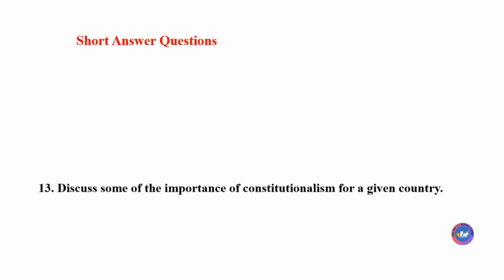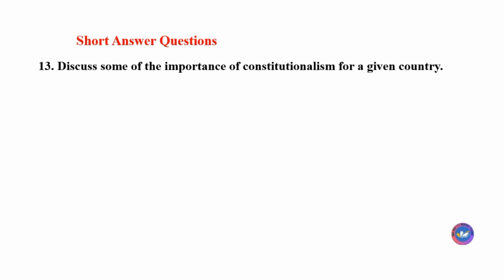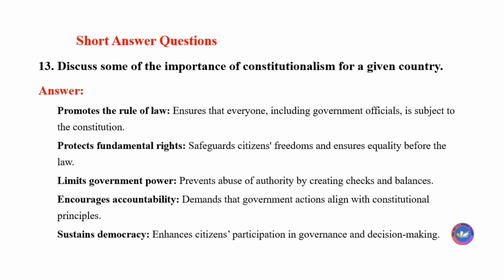Give short answer for the following questions. Question number 13. Discuss some of the importance of constitutionalism for a given country. The answers include: it promotes the rule of law, which ensures that everyone, including government officials, is subject to the Constitution.